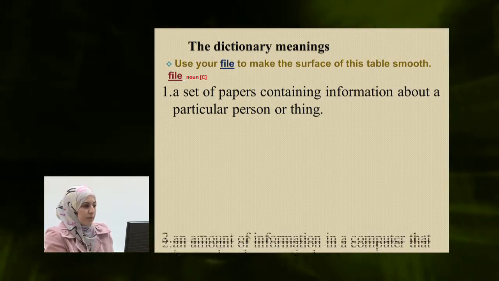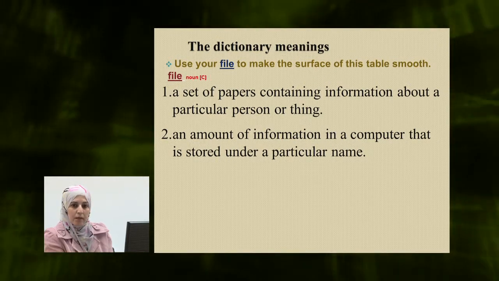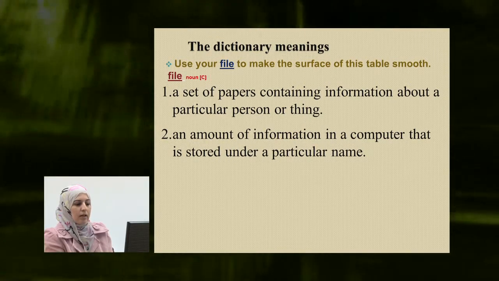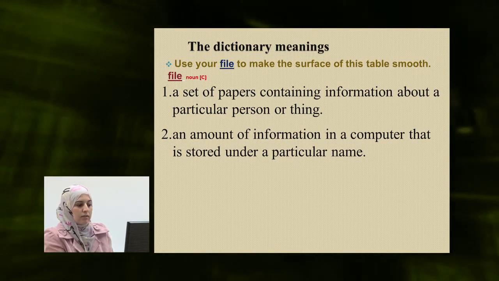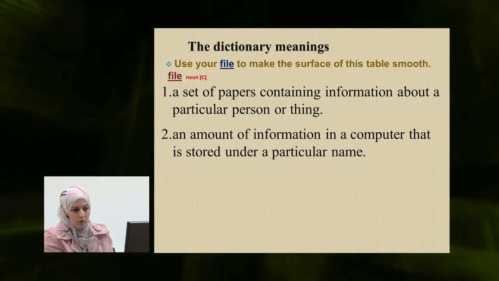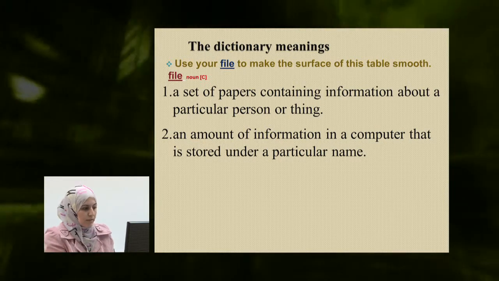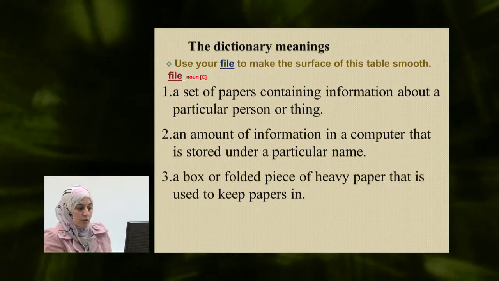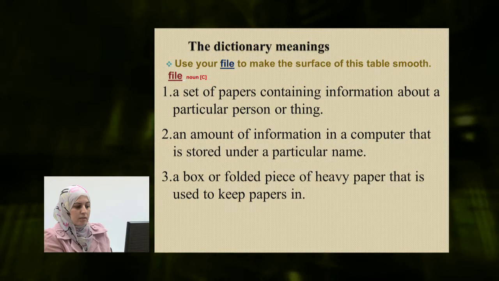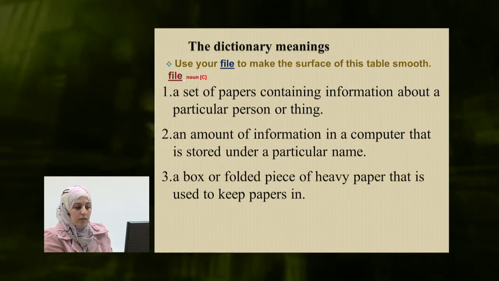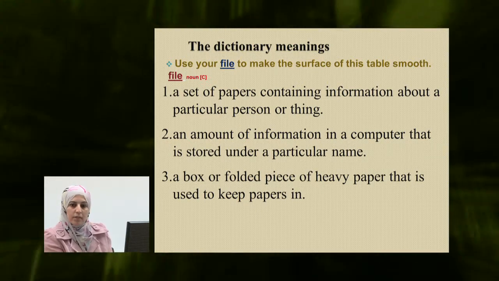No way. Next, an amount of information in a computer that is stored under a particular name, computer information, table, doesn't fit in. A box or folded piece of heavy paper that is used to keep papers in.